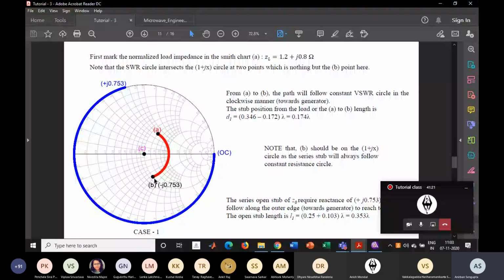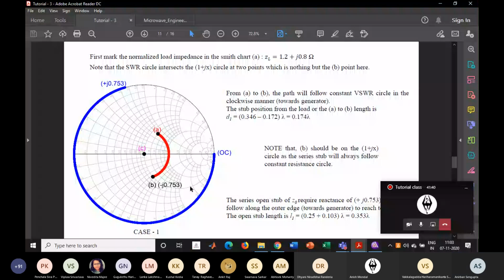Real part is matched to 1. From 1.2 it comes to 1, but the reactance part is not compensated. It has a new value of 0.753. So you have to compensate this 0.753 by the complex conjugate of this. So the complex conjugate is plus j 0.753.